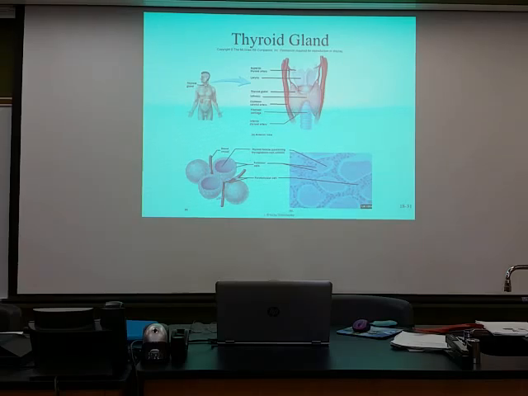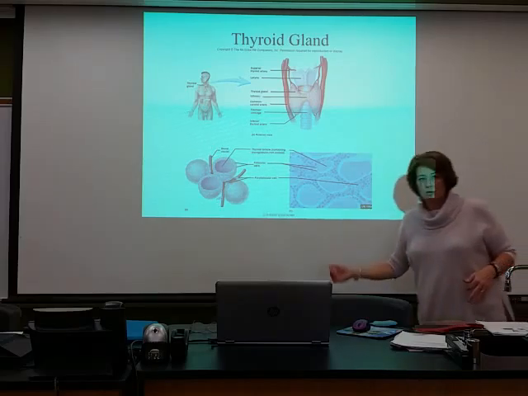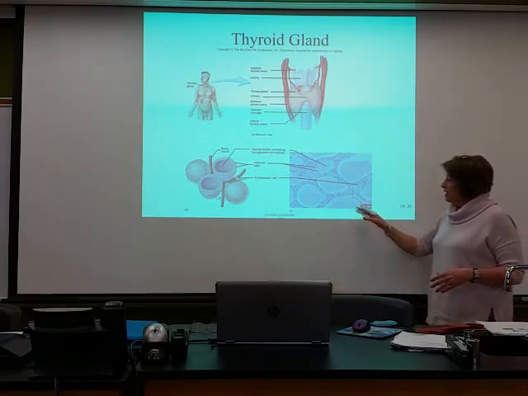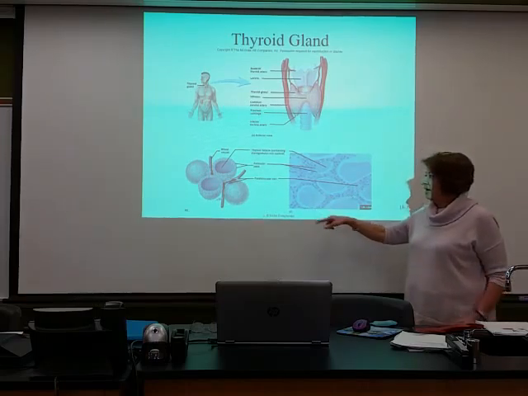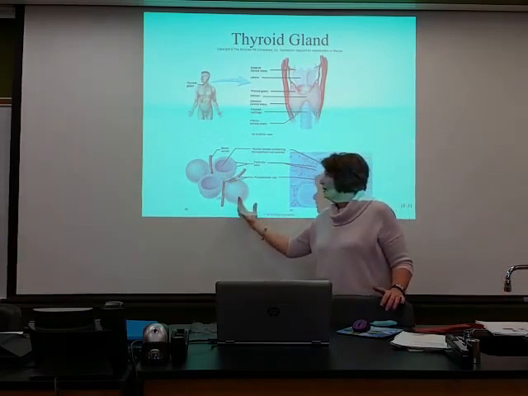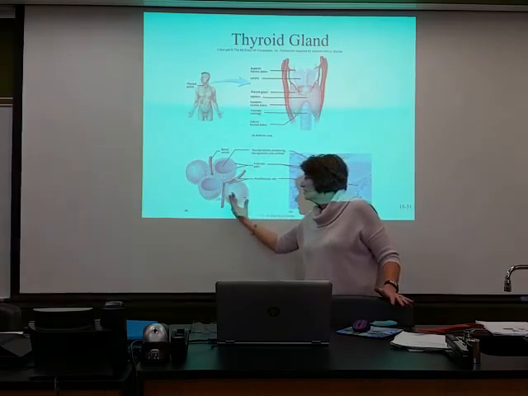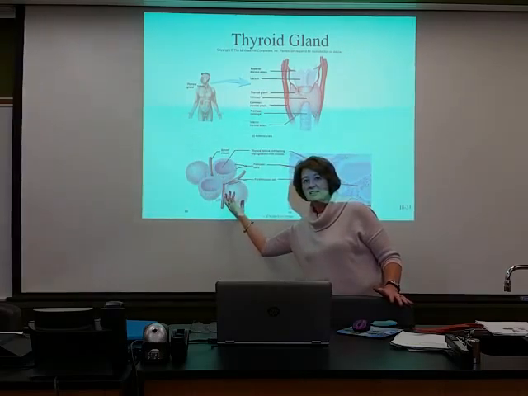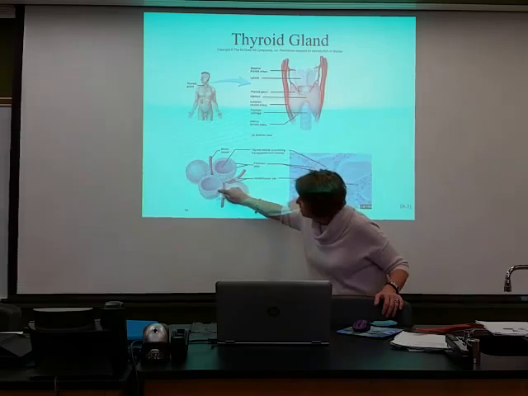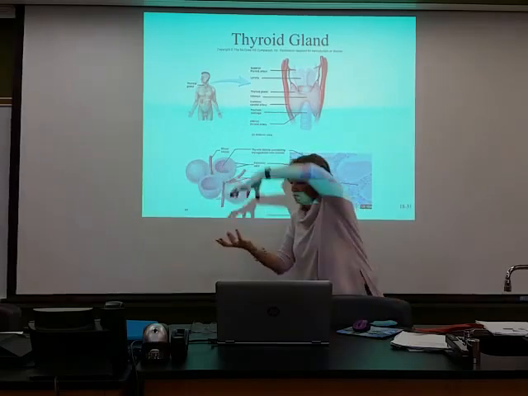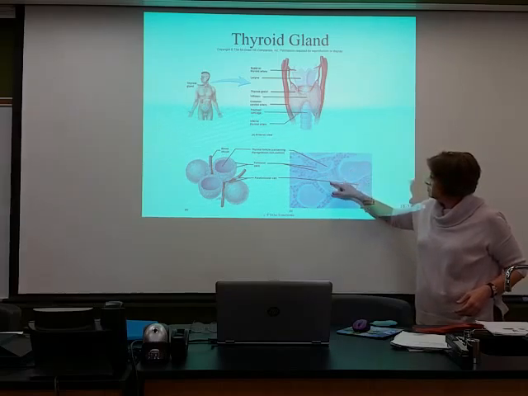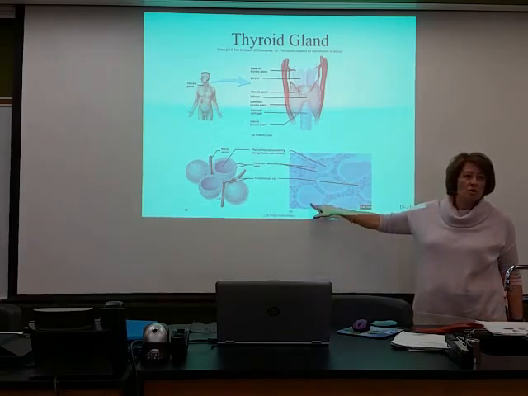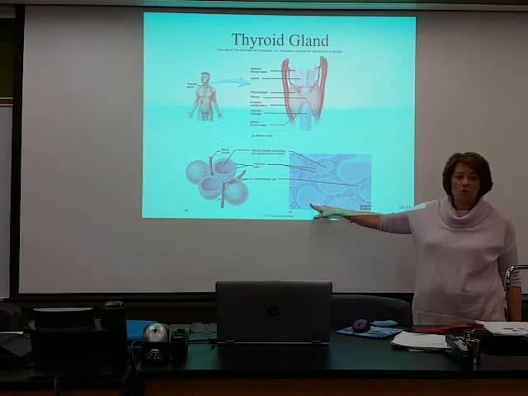Now, the thyroid gland's cells, all right? See how it looks like it's got this empty space? Well, that's going to be one of these follicles, where it's got this space in between. And so these cells that are surrounding that follicle, they're the ones that are giving rise to those thyroid hormones, the T3, T4.